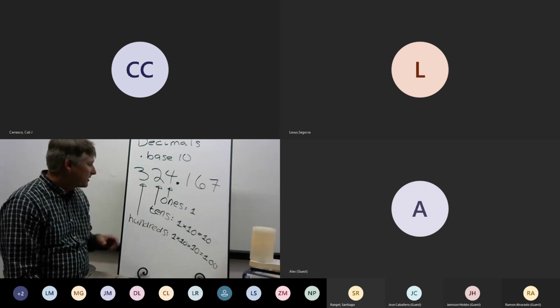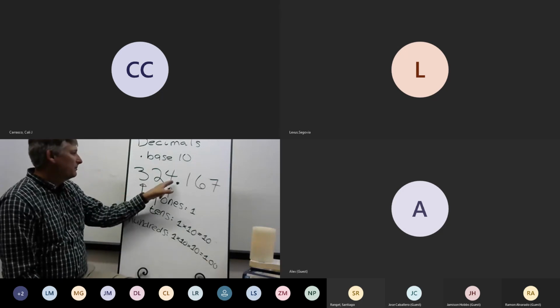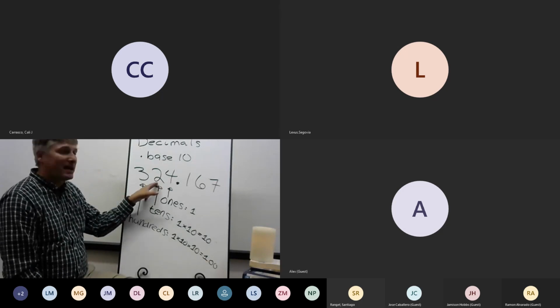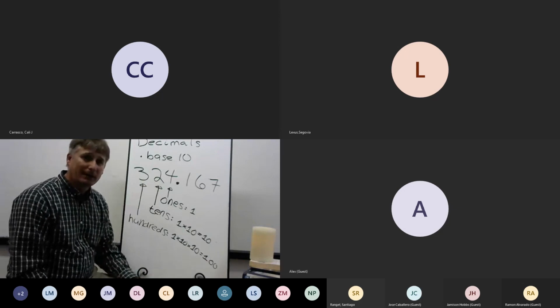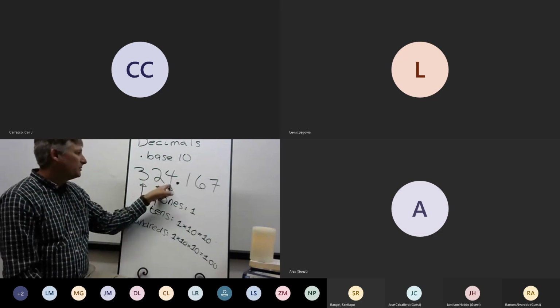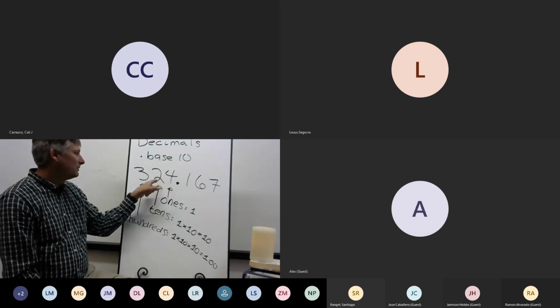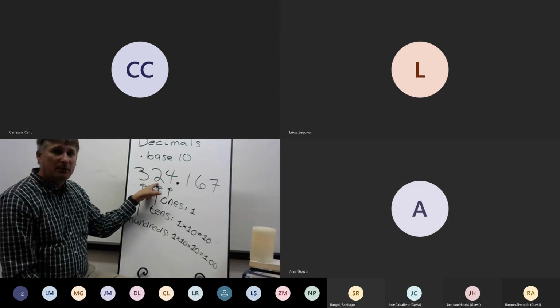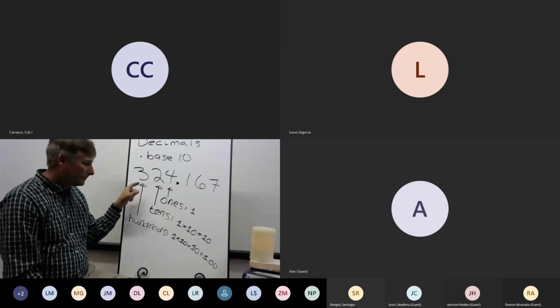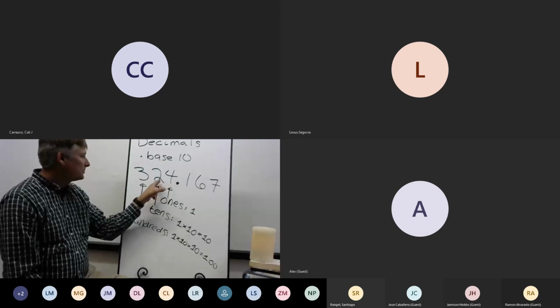So what's happening here, every time we go from one decimal location to the next, we multiply by 10. So at the ones, we multiply by 10 to get to the tens. If we multiply the tens by 10, we'll get to the hundreds. And so that moves us along.